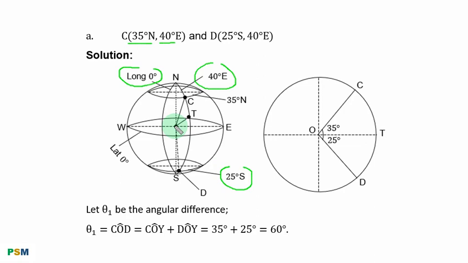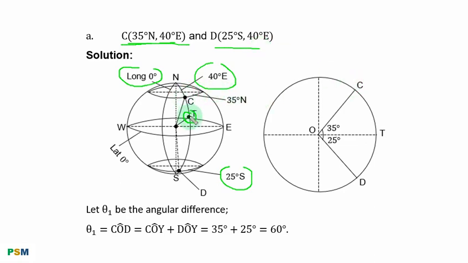From the center to here, you have latitude 0 degrees, longitude 40 degrees east. From the center to point C, you have this information. From the center to point D, you have this information.